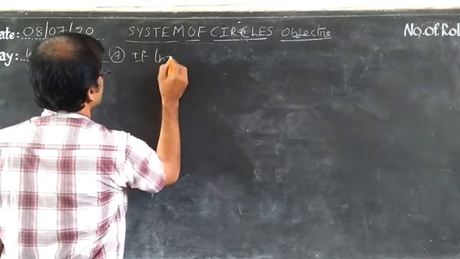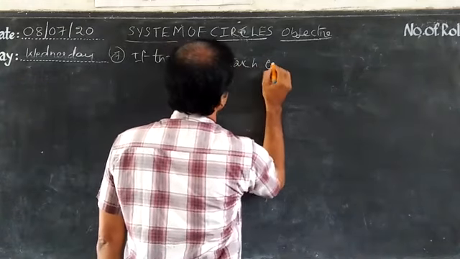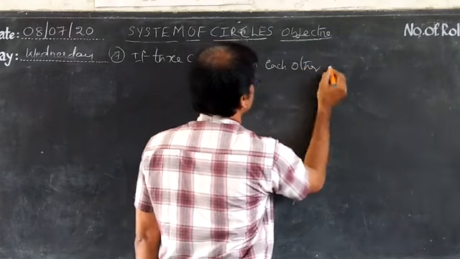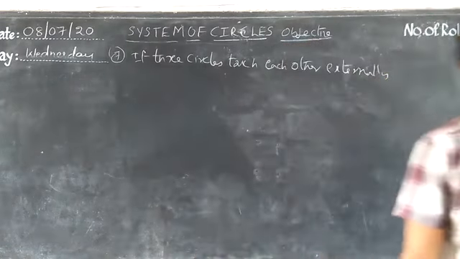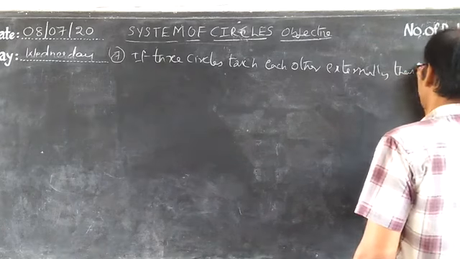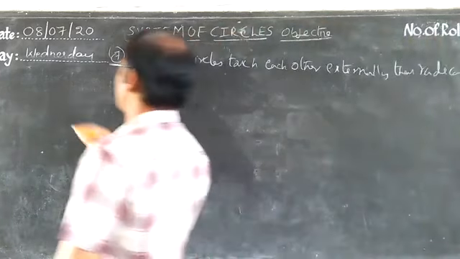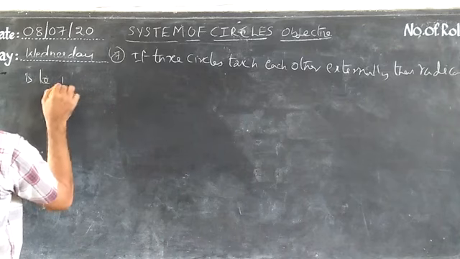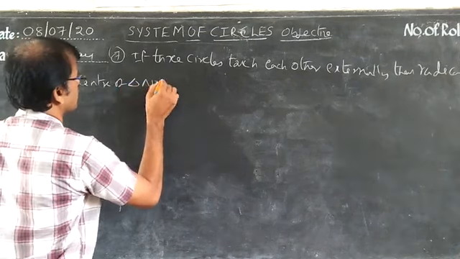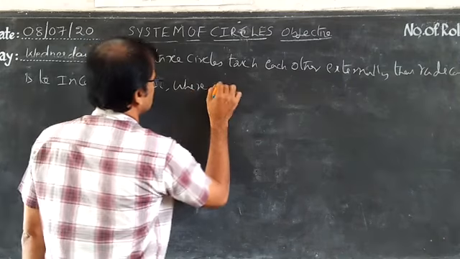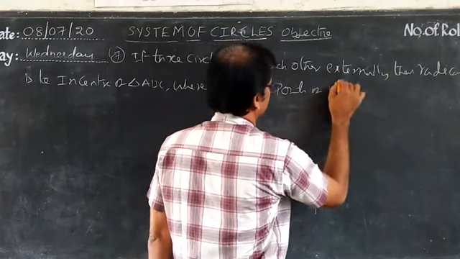If three circles touch each other externally, then the radical center is the incenter of triangle ABC, where A, B, C are the points of intersection of the circles.